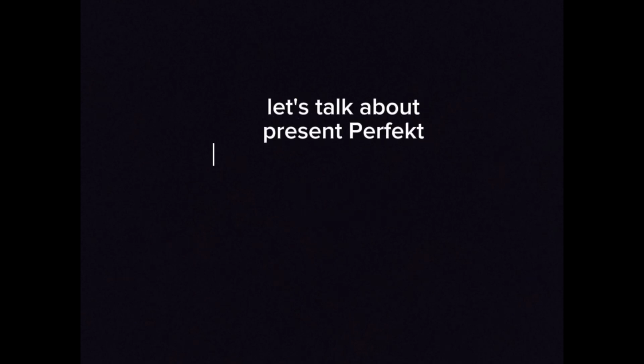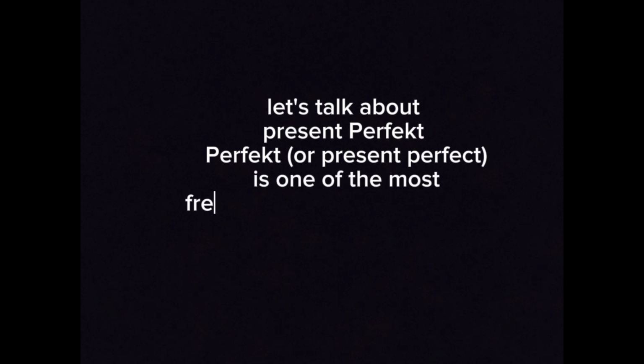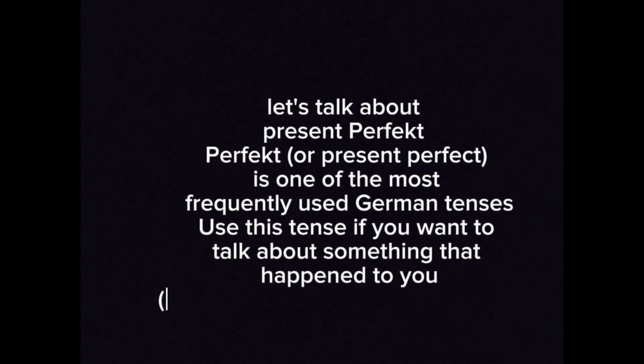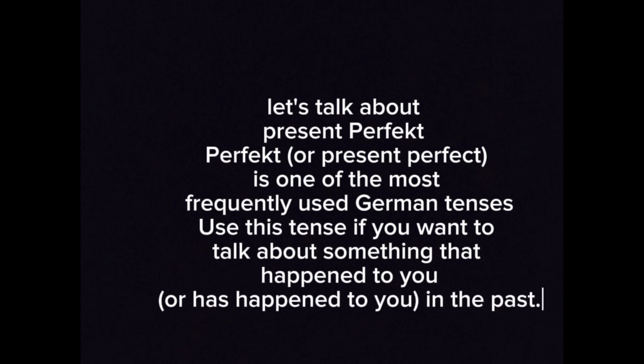Let's talk about present perfect. The present perfect is one of the most frequently used German tenses. Use this tense if you want to talk about something that has happened in the past.